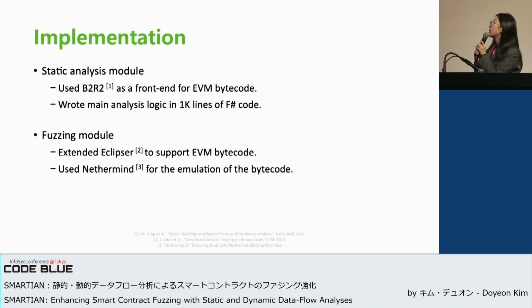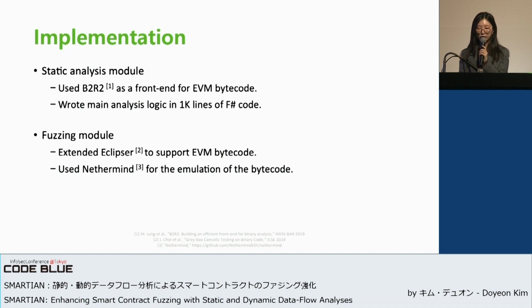So next is implementation, and I will briefly summarize the implementation of Smartian. For the static analysis module, we used B2R2 as a front end and wrote the main analysis logic in 1,000 lines of F# code.